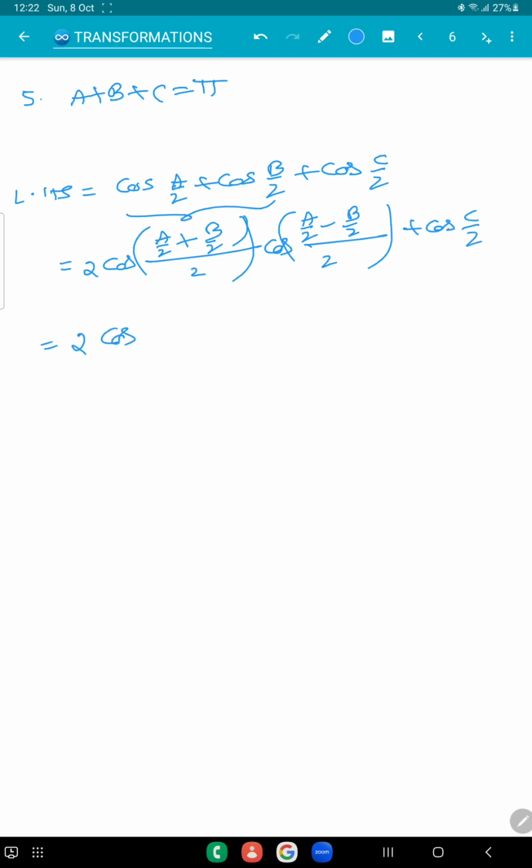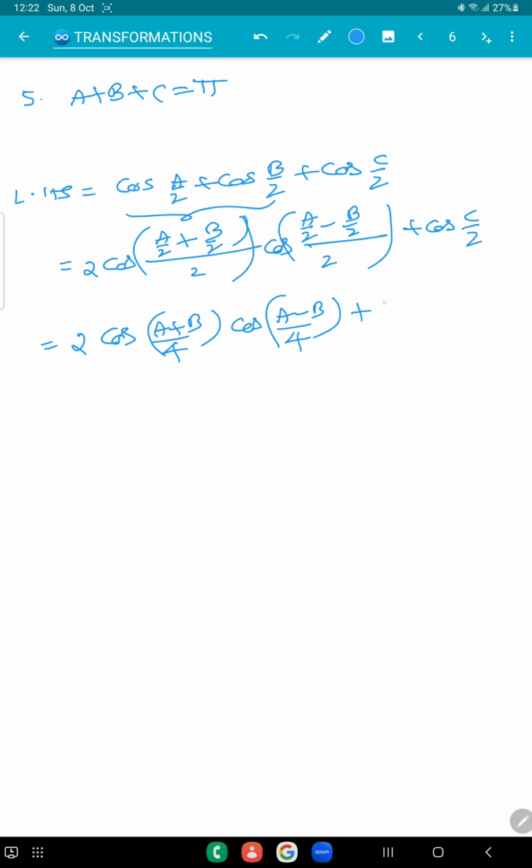So 2 into cos of (a+b)/4, cos of (a−b)/4, plus cos(c/2) is there.